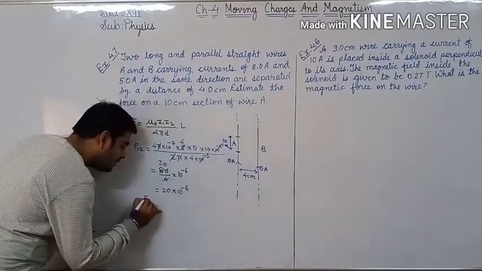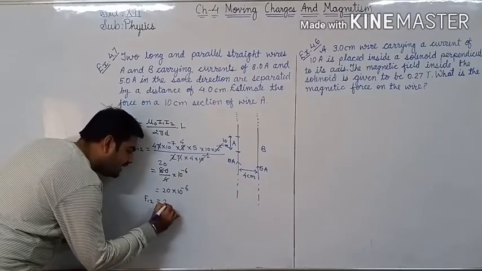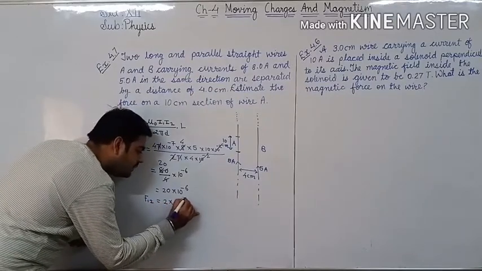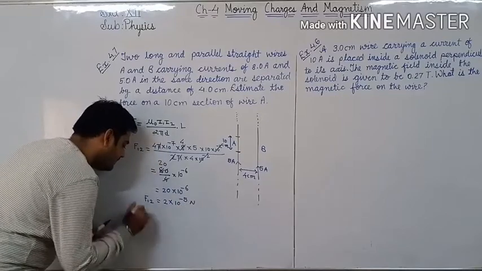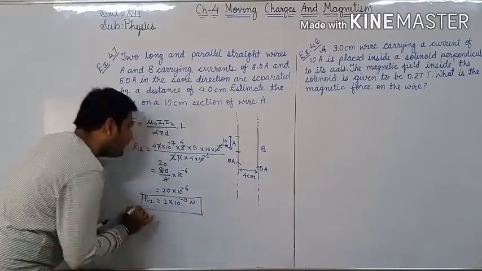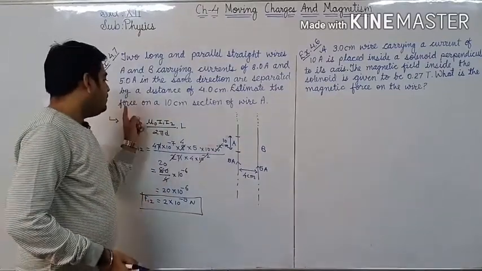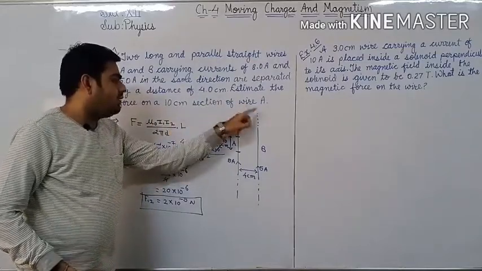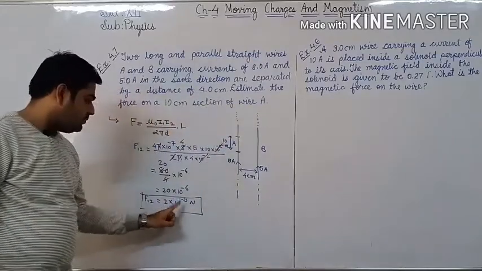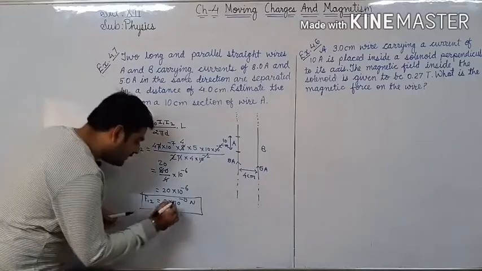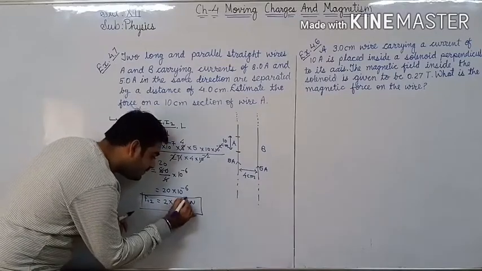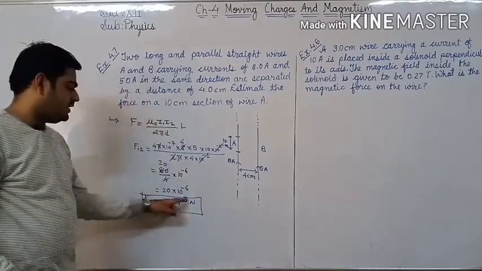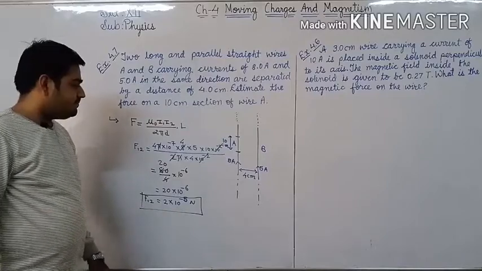So the force acting on the first wire due to the second wire is 2 into 10 raised to minus 5 Newton. So we can say the force on a 10 centimeter section of wire A is 2 into 10 raised to minus 5 Newton.